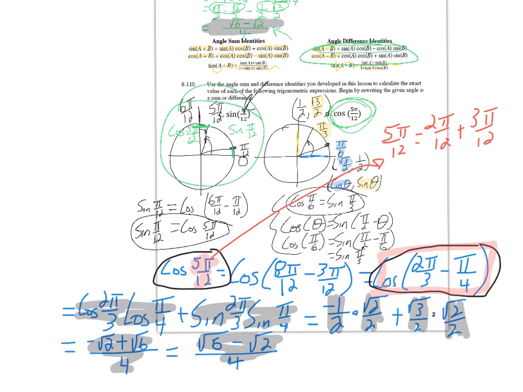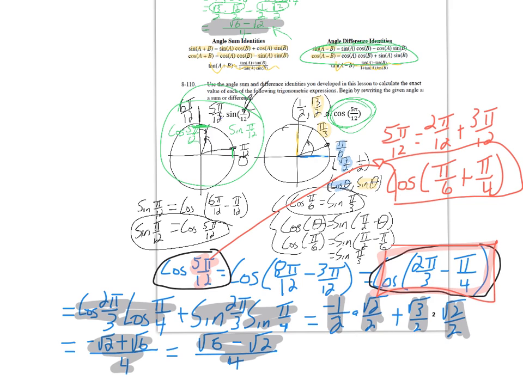Which then, another way to write it would be the cosine of pi over 6 plus pi over 4. You could have done that instead of using the angles that I happen to choose. And there are others.